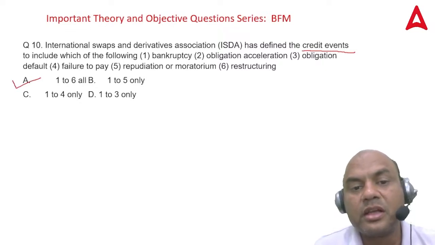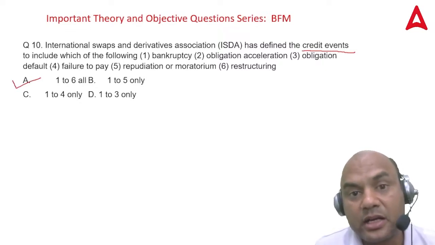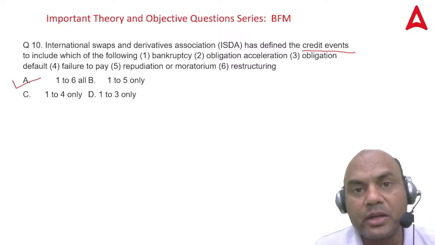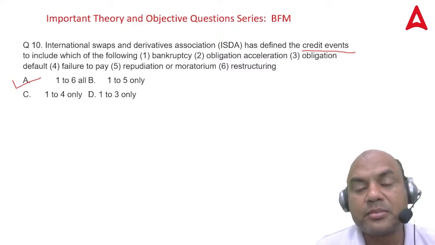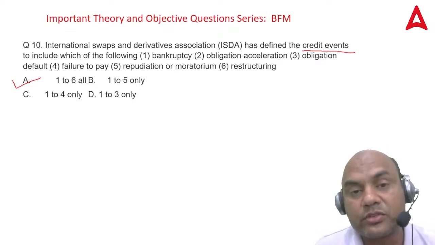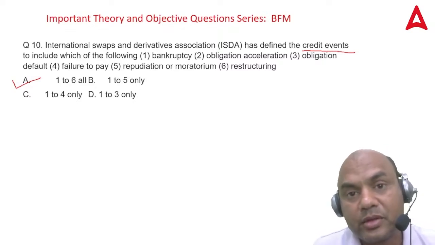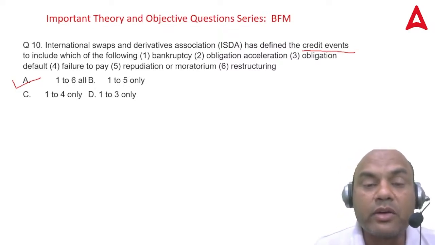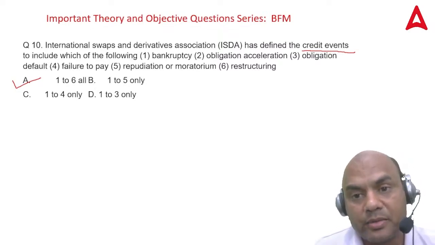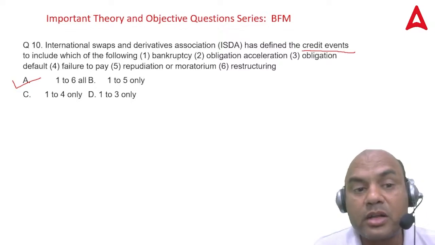1 to 6 all. Bankruptcy, that is a credit event. Because in bankruptcy, what happens? The loan becomes NPA, right? Obligation acceleration means the fast speeding of that loan. So what will I do? I'll try to cover maximum loan in a shorter period. Obligation default, the other party is not ready to pay.